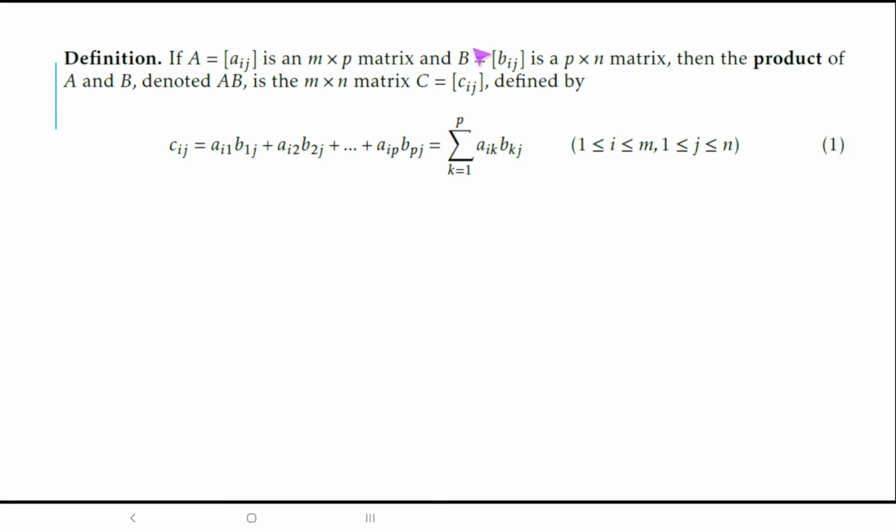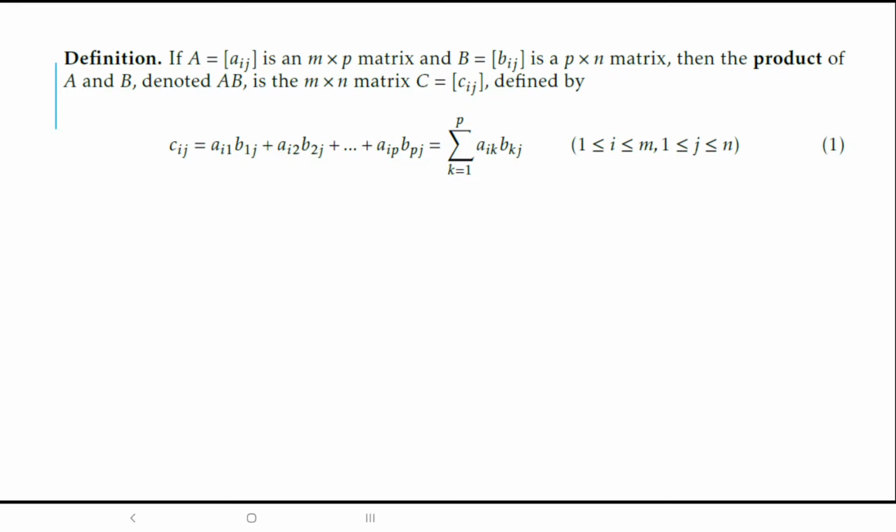And then B is a P by N matrix, so B has P rows and N columns. And then the product of A and B can be written as the following. Tatawagin muna natin siyang C, the matrix C sub ij, generated by C sub ij where, yeah, okay.